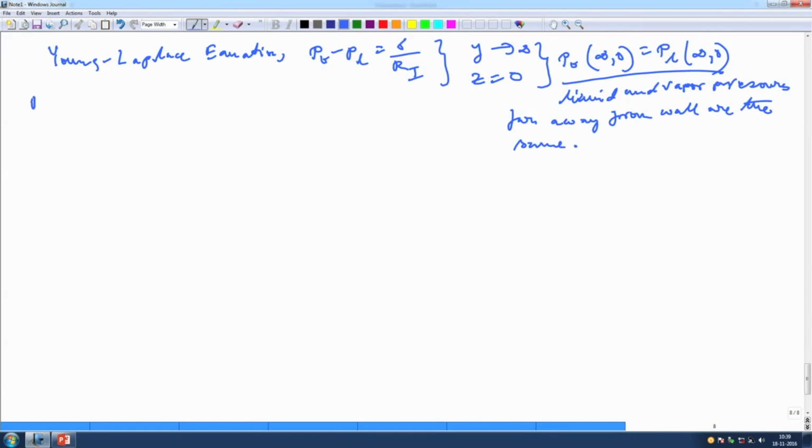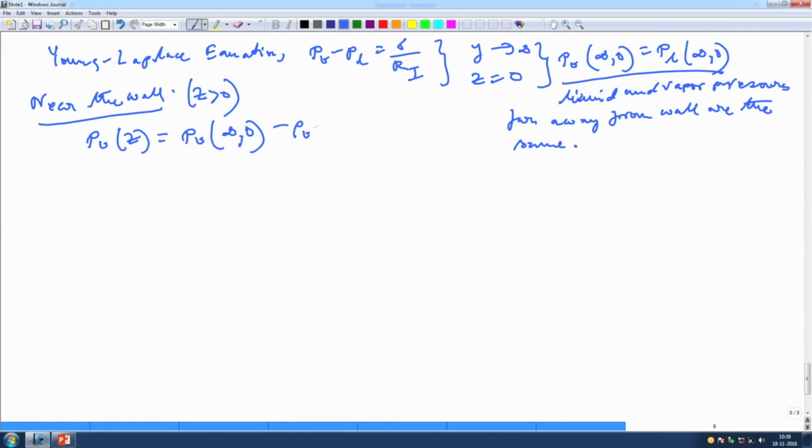Now, let us look at near the wall, as that was far away from the wall. Near the wall means z just greater than 0, that means along the wall. Z is the upward axis. In this particular case PV at z must be equal to PV at (infinity, 0) minus rho V into g z, the hydrostatic head.